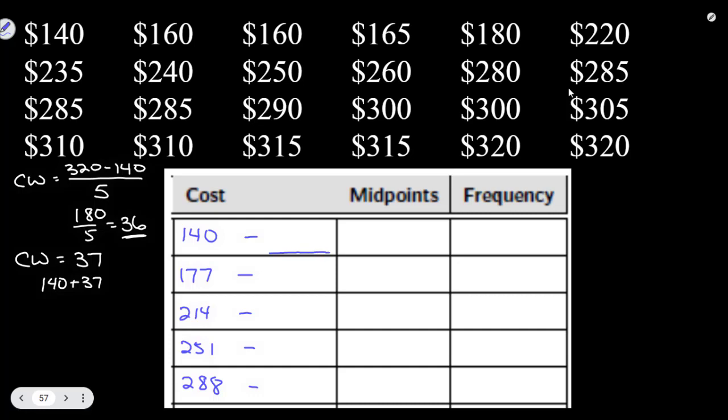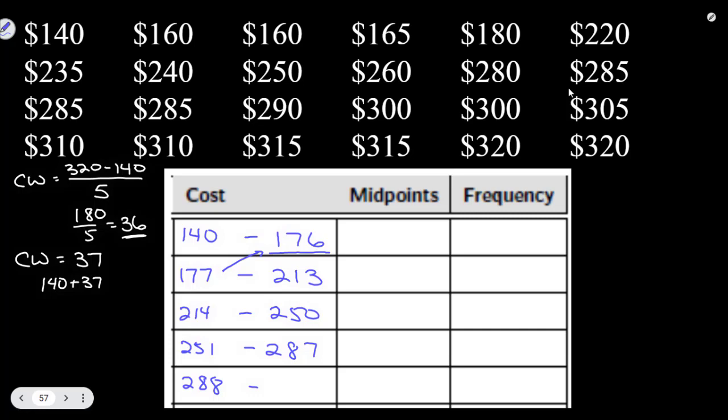So if I'm going to find this value, I look right here and I just put the previous number in, 176. So that means the next one's going to be 213. The next one's going to be 250, one less than the 251. Next one will be 287. Now the problem we have is we don't have something to just figure out this next one.